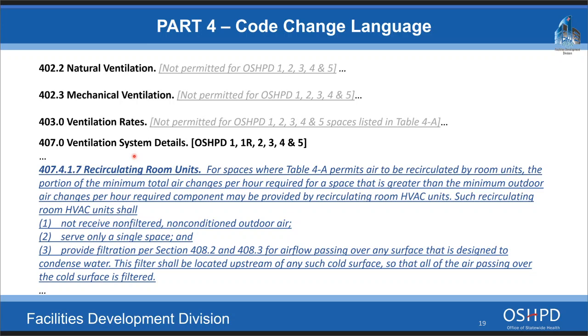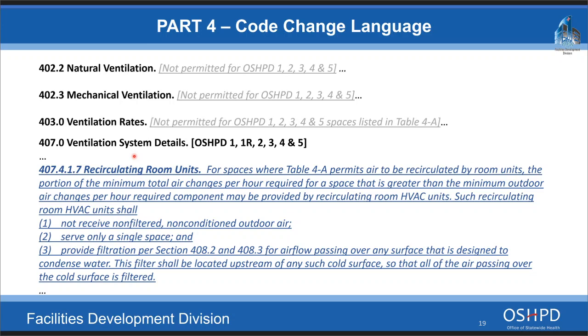These things just don't apply. So we said some of these sections within 402 just do not apply. In system details, we have 407.4.1.7. Now, what we're doing here with this language is we are just mimicking the requirements of ASHRAE 170, essentially. That's what we're trying to do here, add clarification, make sure we don't violate 170.